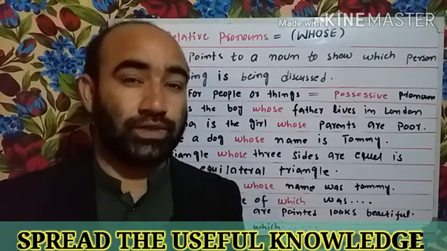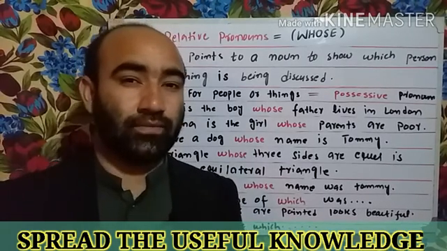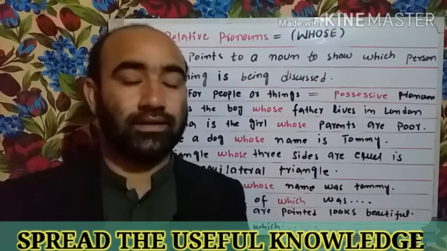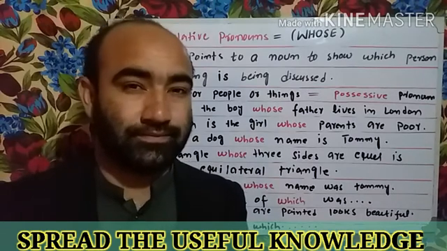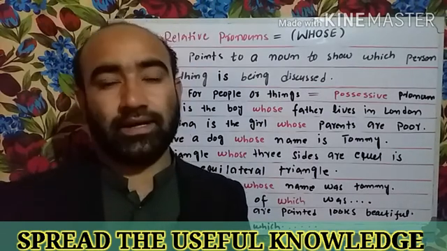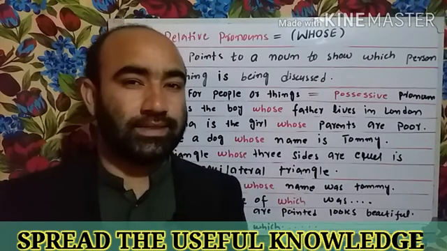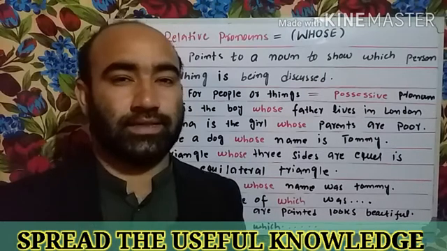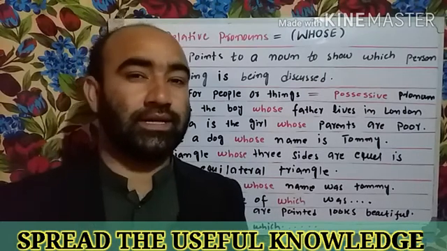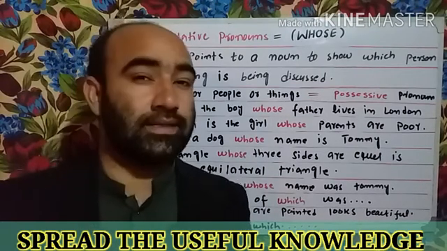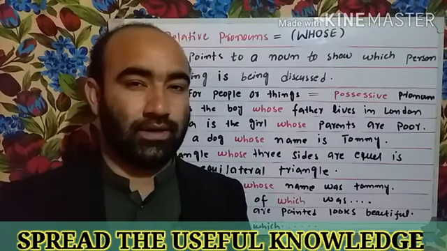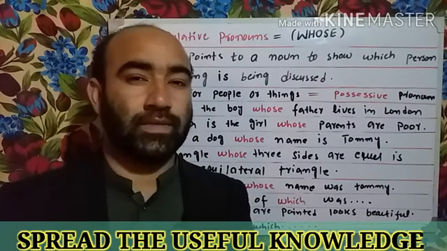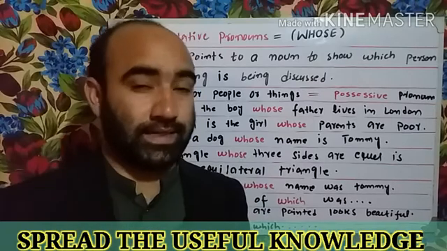Instead of this, you would say the leg of the table. And another example, Pakistan's population. No, this is incorrect. This is completely wrong. You would say the population of Pakistan.